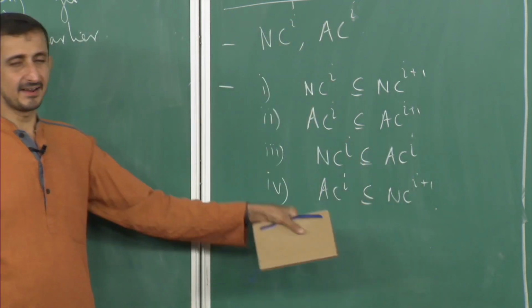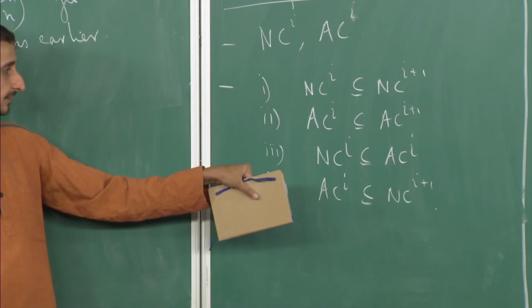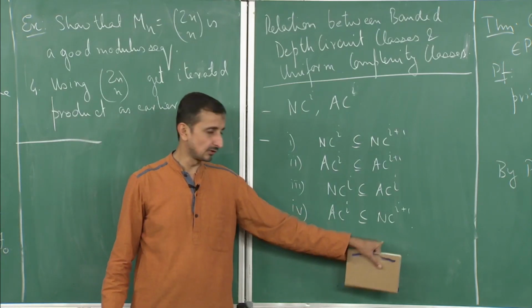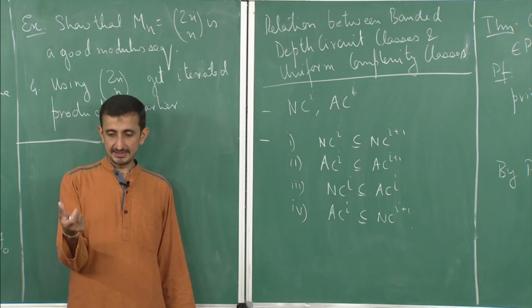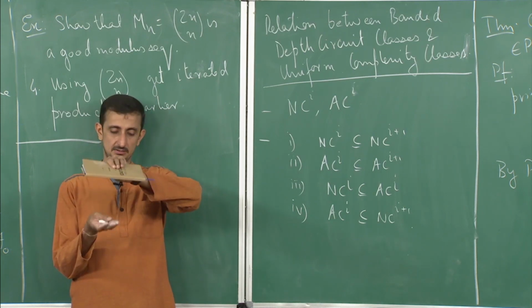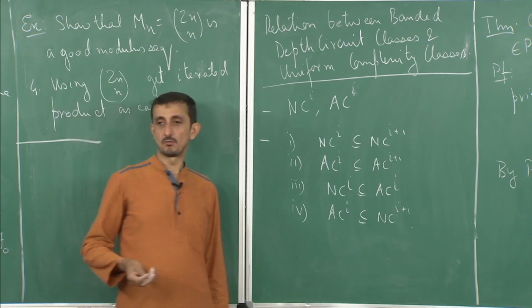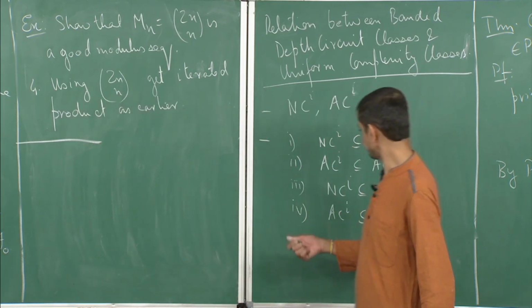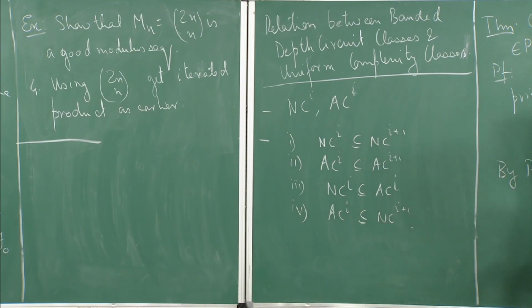Okay. So, the first three are actually definition, it follows directly from definition. The fourth one just follows, I can take every gate of unbounded fan-in and I can replace it with a log depth circuit of bounded fan-in. Okay. So, that gives me the fourth one.